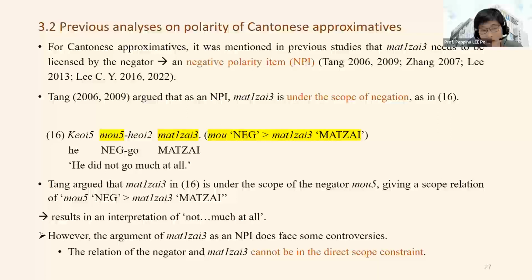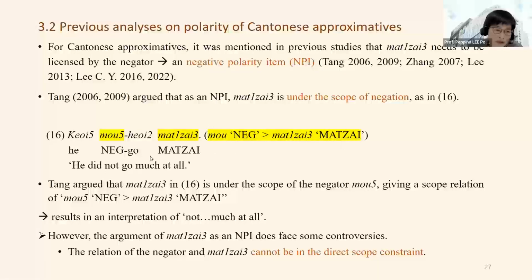This kind of analysis has been covered as early as 2006 to 2009. An example given by him is in 16, 我冇去Mazai. He goes with the strict syntactic definition, so mo, which is a negator, must have a wider scope over Mazai, shown in yellow here.